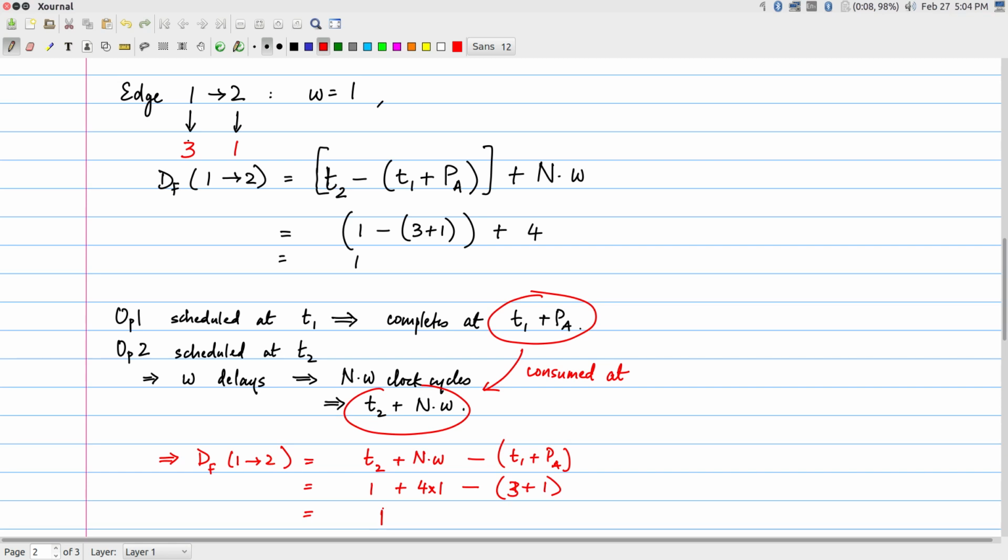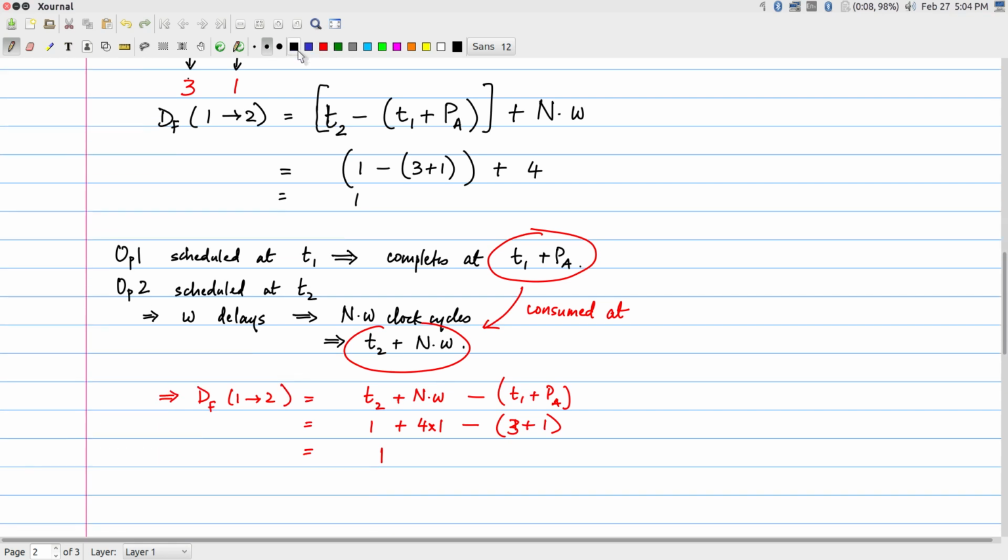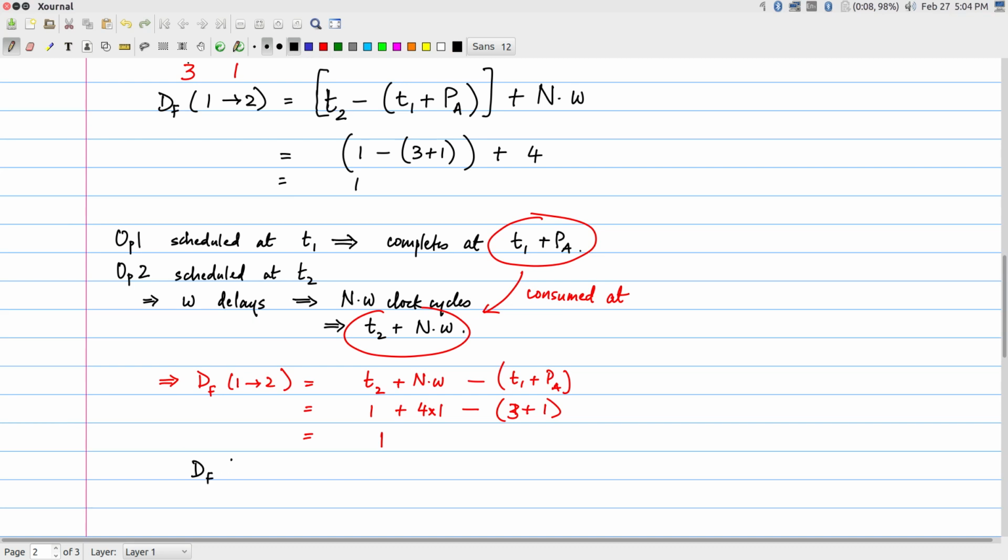The reason I am working through this is I want to make sure that all of you understand how this was arrived at, because finally what you will probably end up doing is just using a formula. I can simplify this and say that in general DF from some node u to v is equal to time of v plus N into the number of delays between u to v, minus T_u plus P_u.